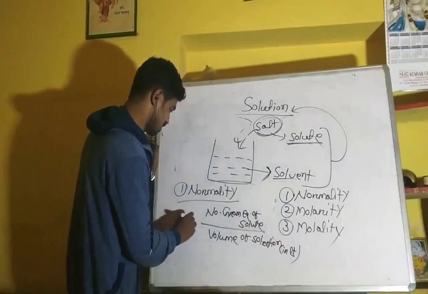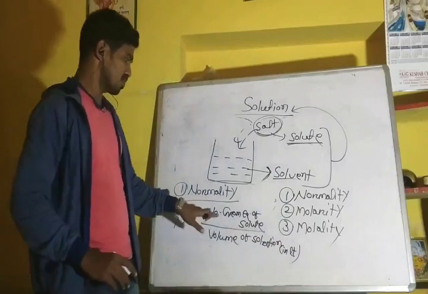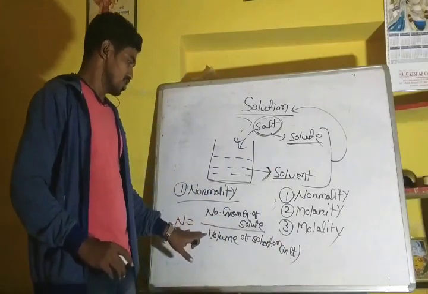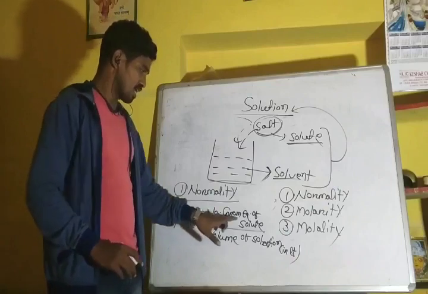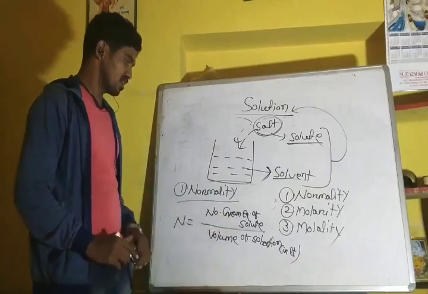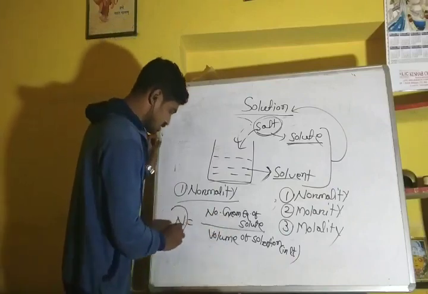That is the normality. That means the ratio of the number of gram equivalent of solute to the volume of solution in liter is called normality.